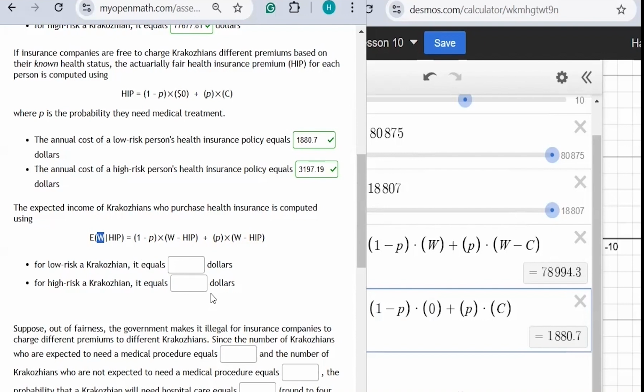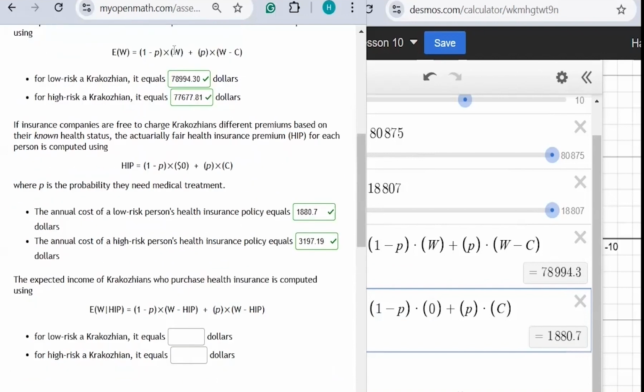If you've purchased the actuarially fair health insurance, this is the probability of not needing the medical treatment. This is the probability of needing the medical treatment. This is different than this because here, this is the expected income of somebody who's going to pay for the medical treatment out of pocket.